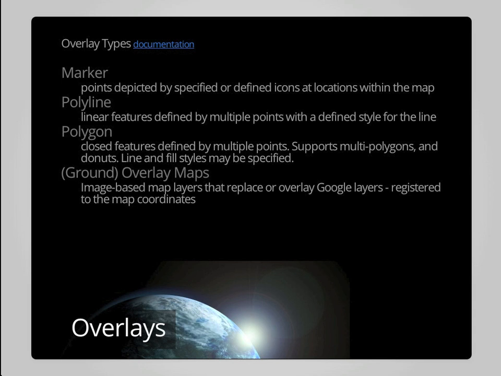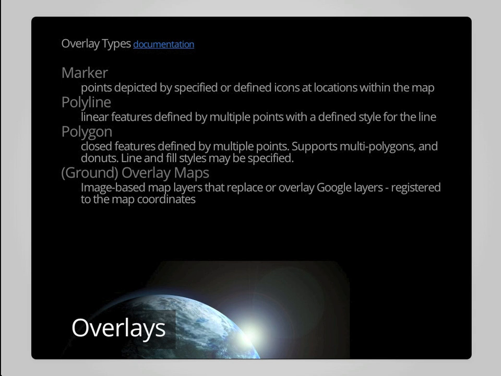You cannot suppress the display of the background information. But you then have an option using these overlay types to superimpose on that base map a number of additional objects that are based upon information that you would like to combine with the base map that Google provides.